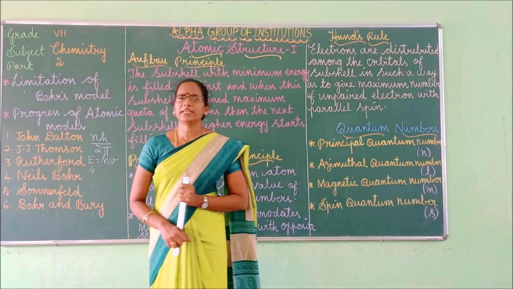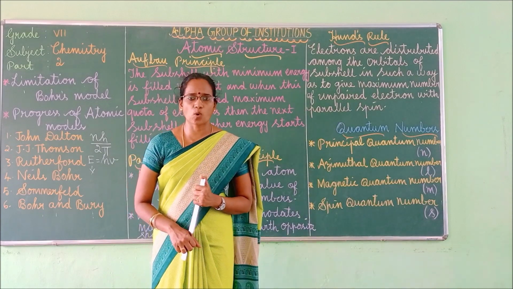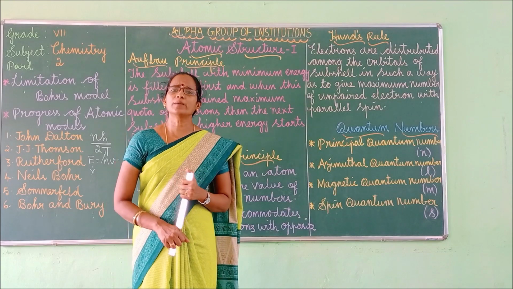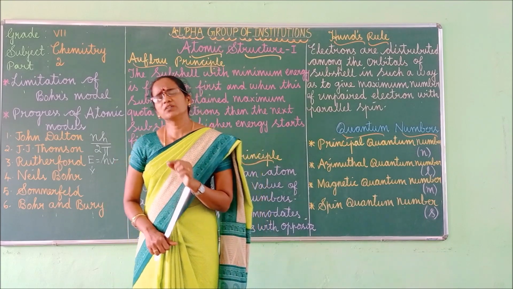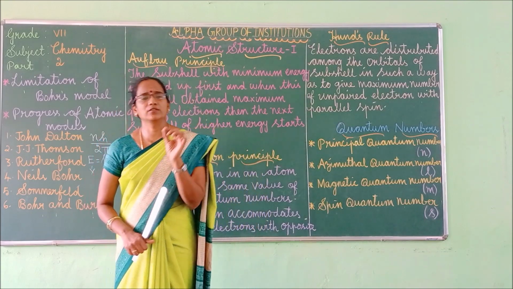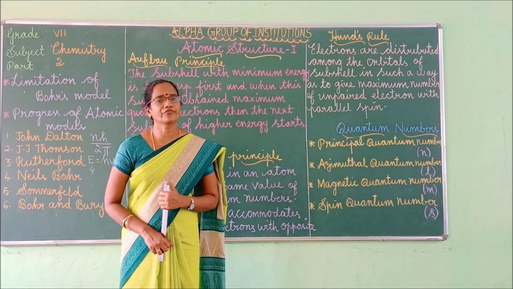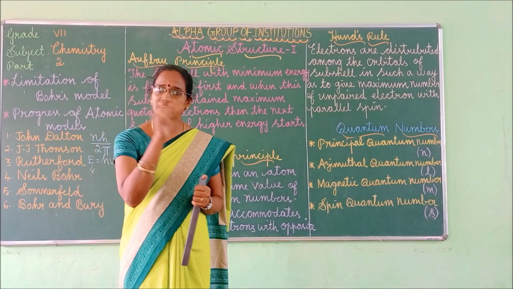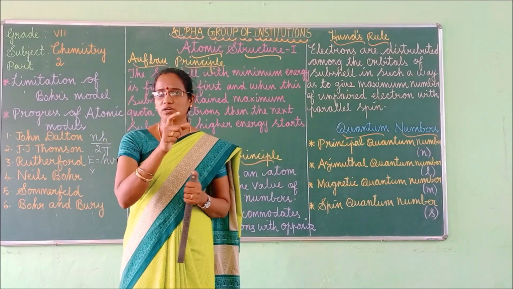Finally, in 1921, Bohr and Bury, both scientists, gave a systematic plan for the arrangement of electrons in an atom. The year as well as the scientist names you should learn, children.